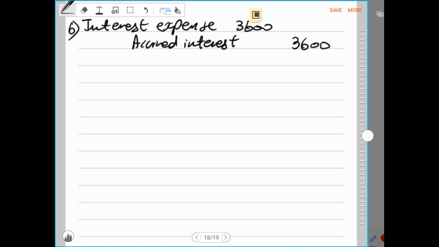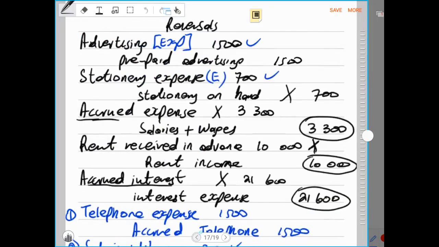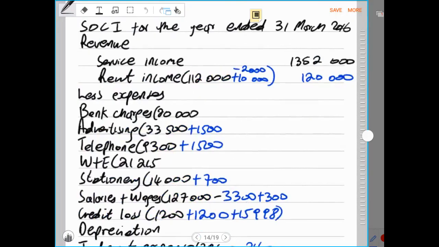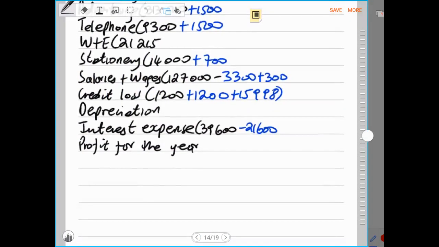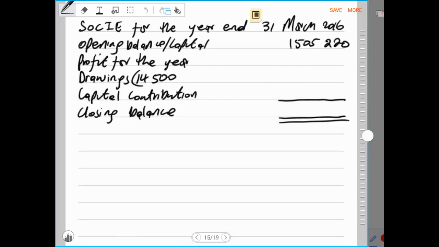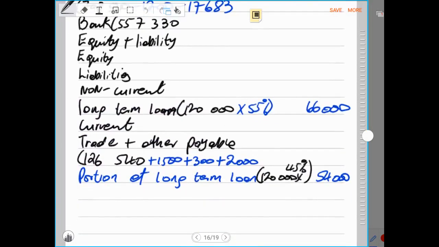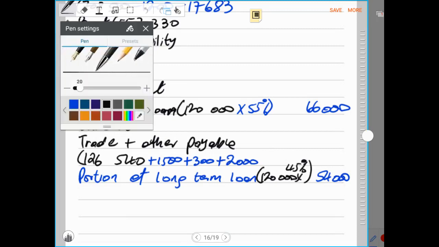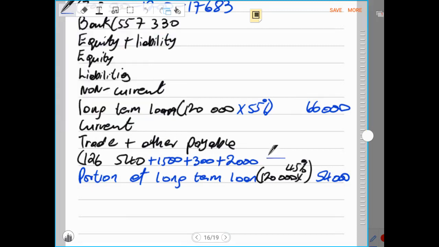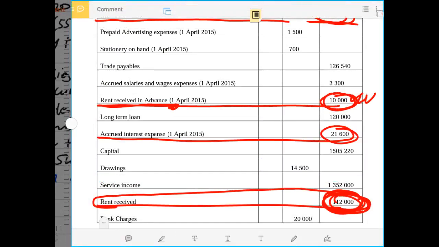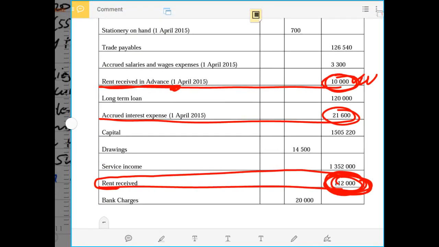So interest expense will be debited by 3,600, which means it is a plus 3,600 in other words. Then accrued expense is a liability, and that liability which is accrued will be added here, plus 3,600. Then we go straight to the one before the last adjustment.